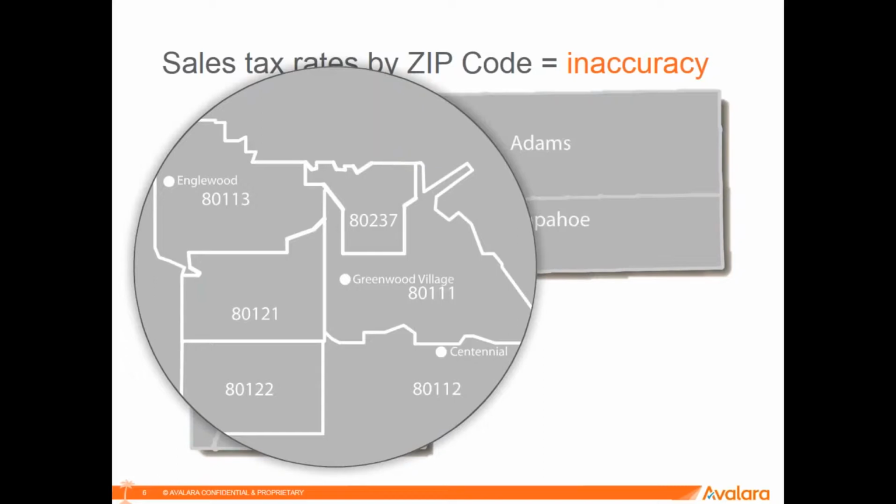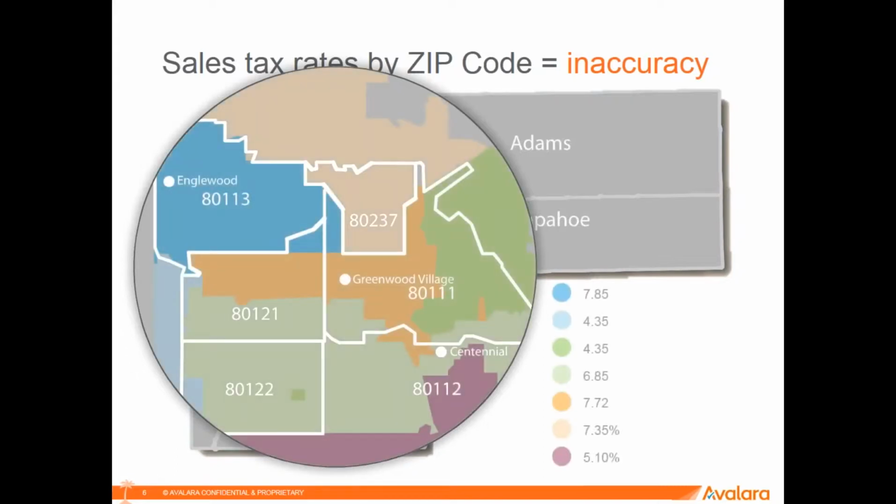So as an example, we're going to drill down even further here into what this could look like and what you're truly having to deal with. Inside of all of these different color codes are varying tax jurisdictions with different tax rates. But as you'll see, some of those colors actually cross over into the exact same zip code.